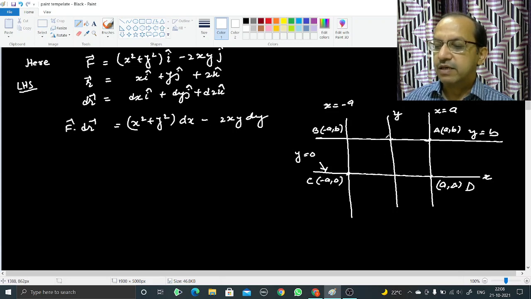So I will trace in this direction, the anti-clockwise direction, or you can say if I move on this path, the surface should lie on the left side.